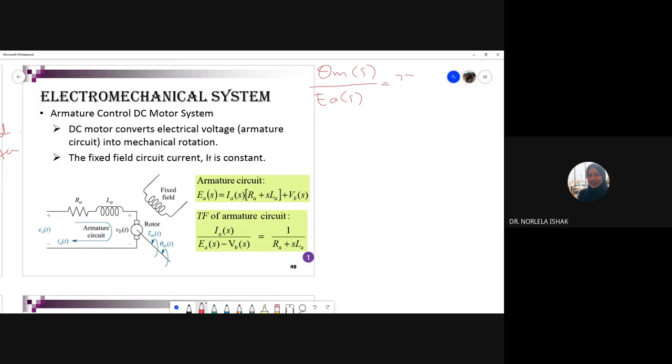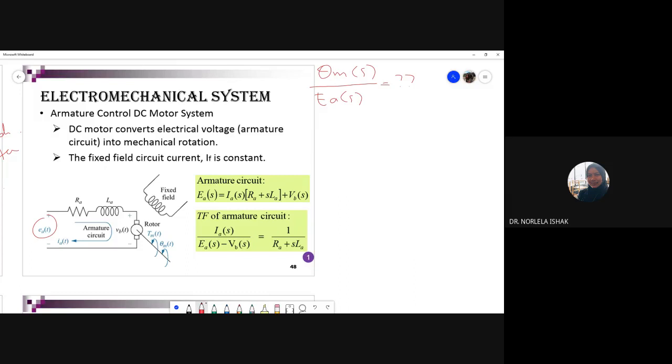So this is the complete overall transfer function. Step one, what is our input actually? EA is our input, so you start deriving the equation from EA.